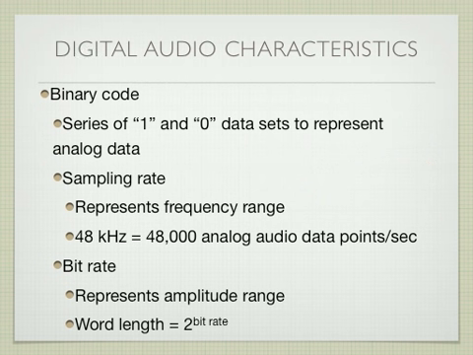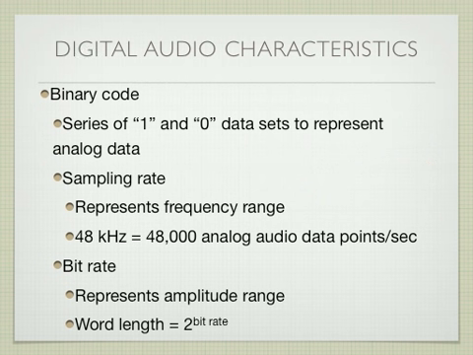Sampling rate represents the frequency range that we're mapping over into binary code. For example, a 48 kilohertz sampling rate represents 48,000 analog audio data points every second that are read by the computer. Bit rate represents the amplitude range.